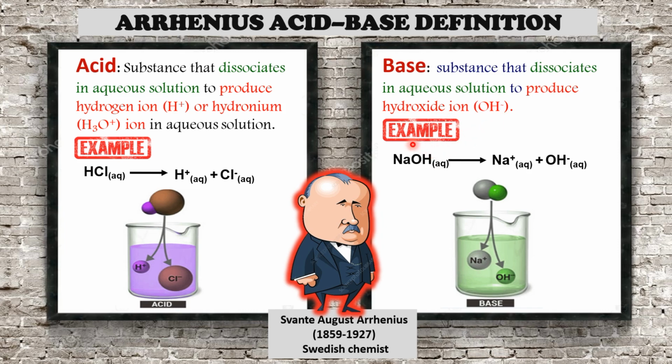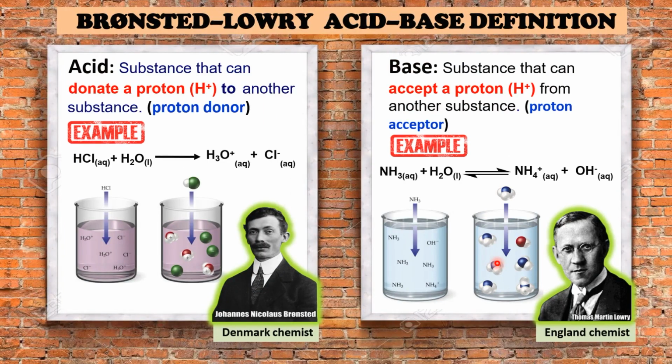For example, when sodium hydroxide solution dissociates, it will produce sodium ion and OH- ion. Because of that, sodium hydroxide is considered a base. Next, the second theory is the Bronsted-Lowry acid-base definition.